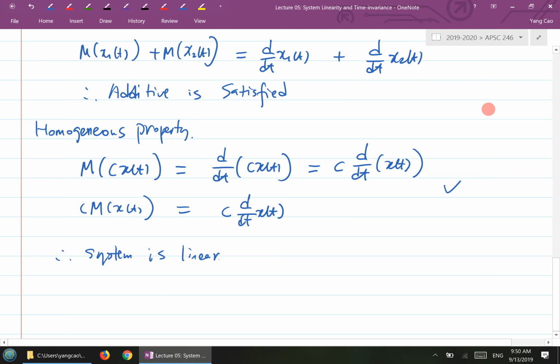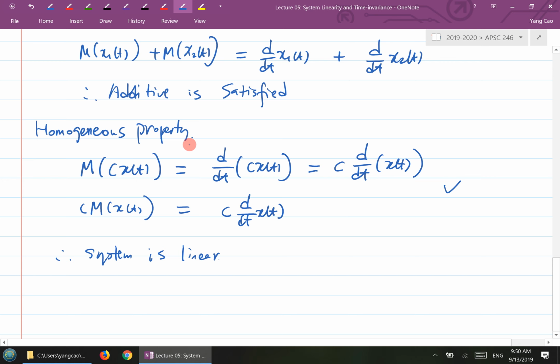There are different kinds of differential equations: ordinary differential equations, linear ordinary differential equations and nonlinear ordinary differential equations. To differentiate those, the additive, homogeneous or superposition property is the rule we follow to tell what type of differential equation they are. We'll touch upon that in the near future.